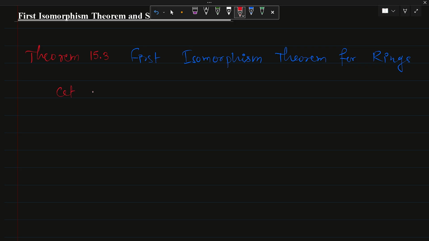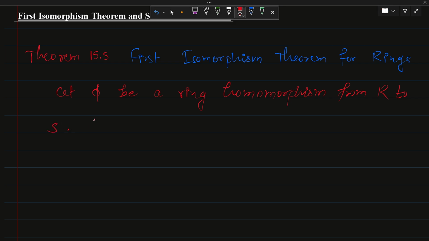Let phi be a ring homomorphism from R to S, where of course R and S are rings.